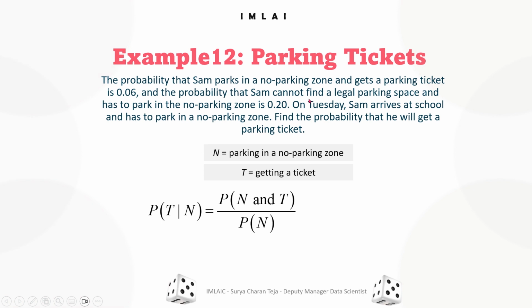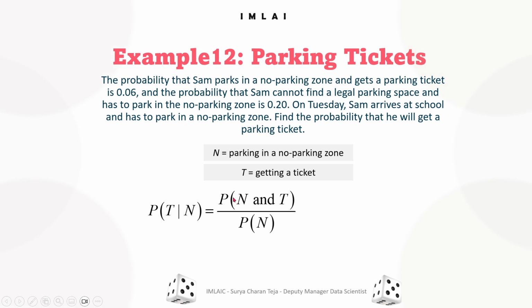So what we have to find out is the probability of getting a parking ticket given that Sam arrived at school and has parked in a no parking zone. So that's P of T, capital T, given that N has occurred.